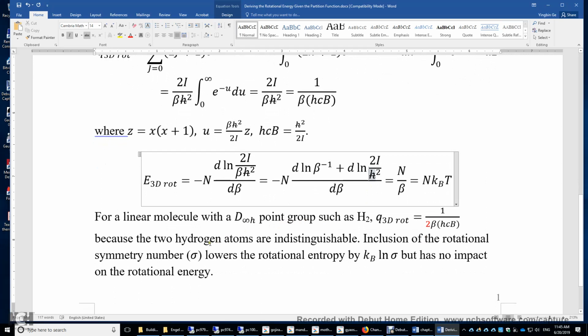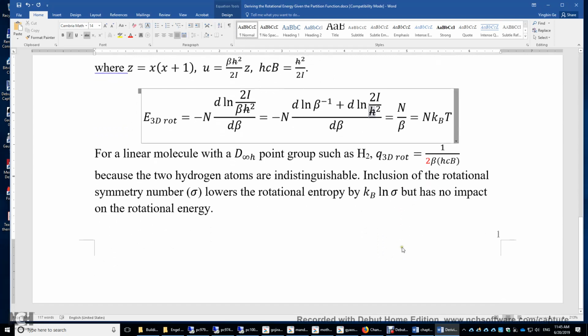Therefore, it has no impact on the rotation energy. However, in the expression of entropy, you do have a kB times ln q term, and then this symmetry number does play a role.